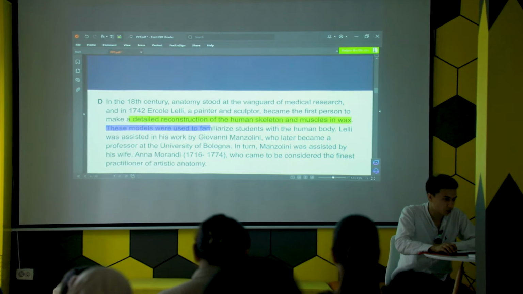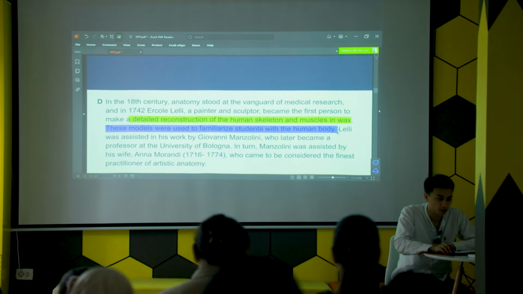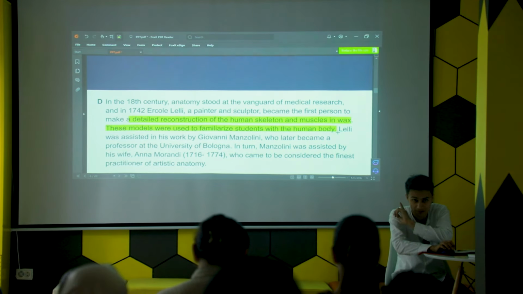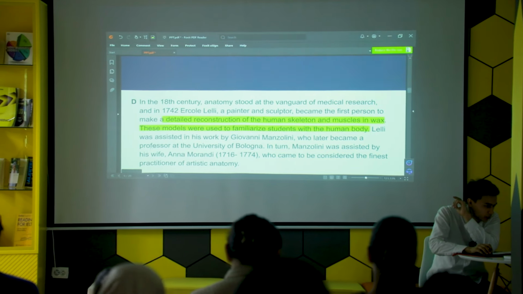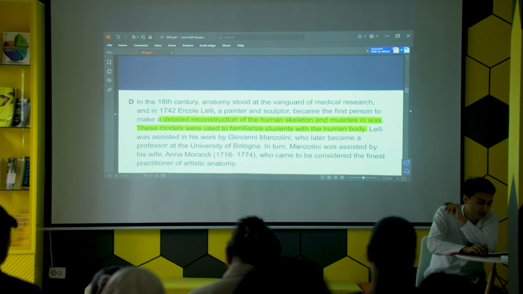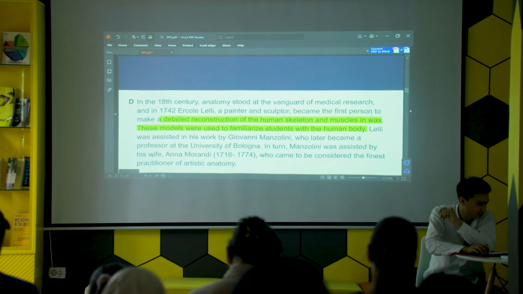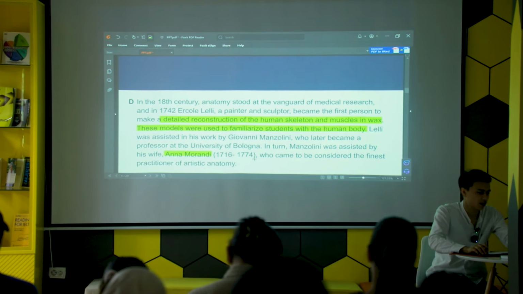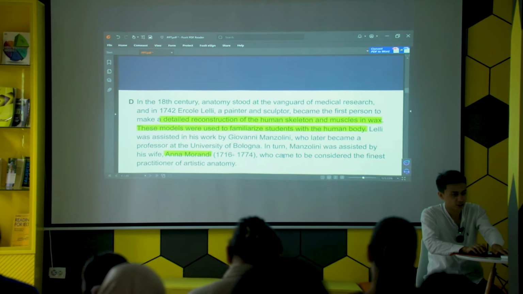These models were used to familiarize students with the human body. Remember this. Okay, remember this. Lelli was assisted in his work by Giovanni Manzolini, who later became a professor at Bologna. In turn, Manzolini was assisted by his wife, Anna Morandi, who came to be considered the finest practitioner of artistic anatomy.